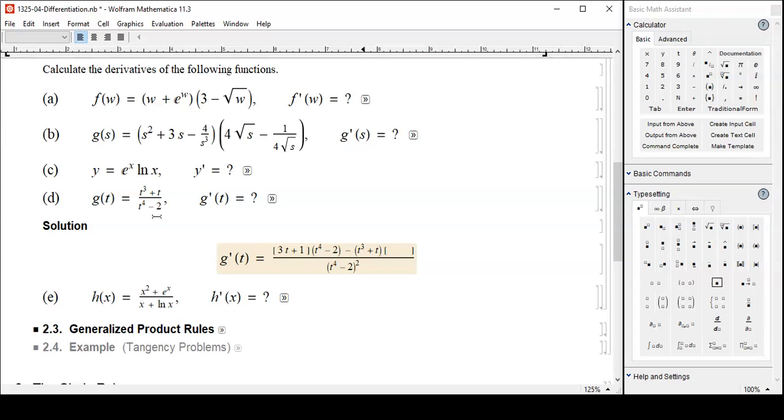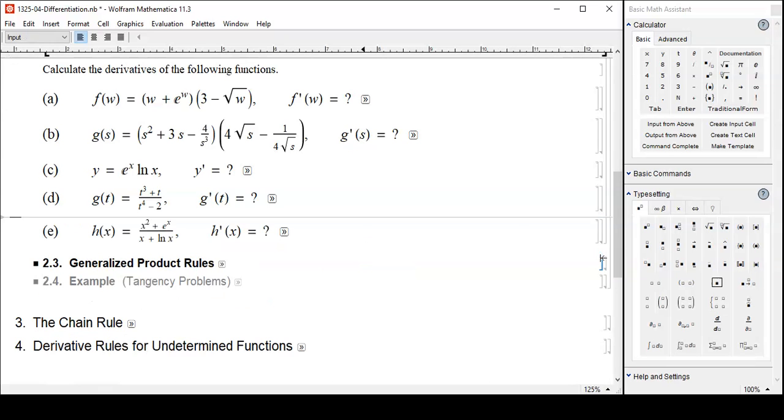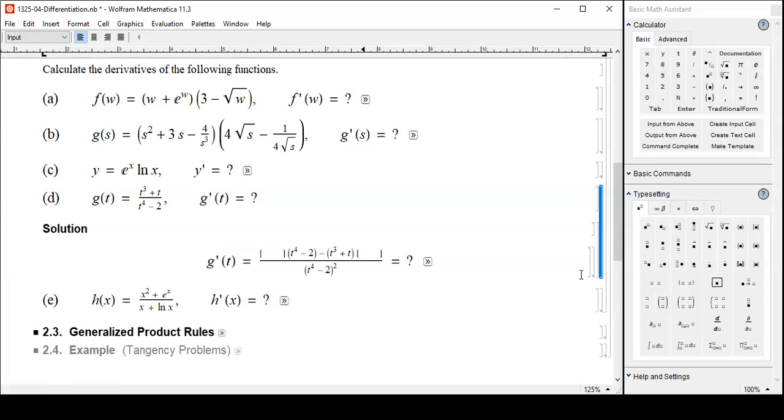And how about the derivative of the denominator? 4t minus 0, so I don't really need minus 0 there. That's it. Okay, let's check. Okay, that's the structure, and fill out the derivatives.